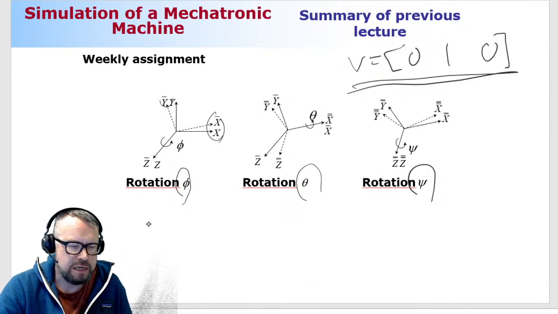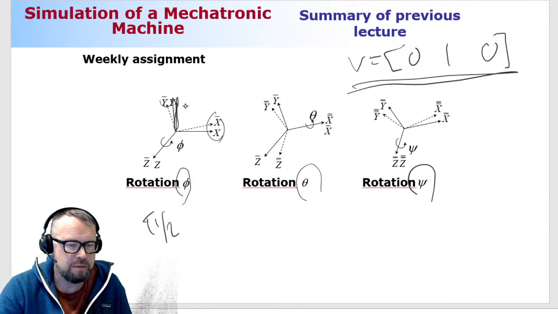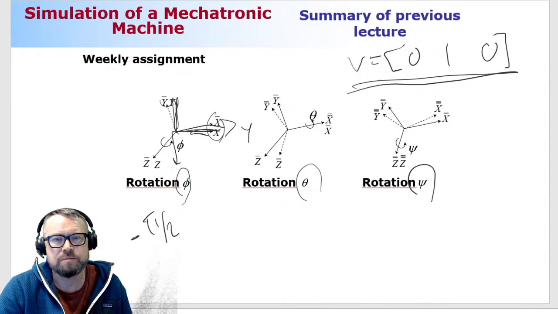So I'm going to introduce a rotation of pi divided by 2, that's 90 degrees. Excuse me, this has to be minus, I need to be going in another direction. The consequence is that the y-axis is pointing here, and the x-axis is now pointing downwards. So now the y-axis is where the x-axis used to be.